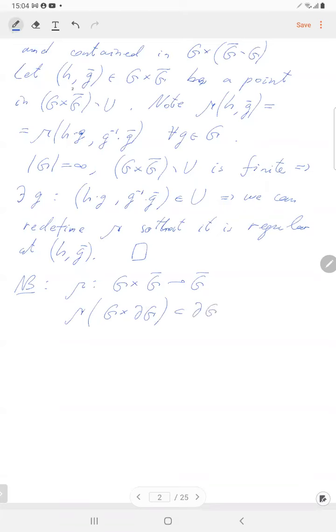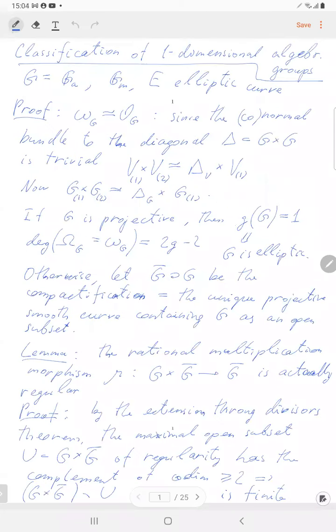Okay, so the action of our group preserves the boundary, and since the boundary is finite, it means that any point of the boundary is preserved. Yeah, by the way, maybe from the very beginning, I should say that we're talking about connected groups, because otherwise certainly you can multiply with any finite group, and you will get many more one-dimensional groups.